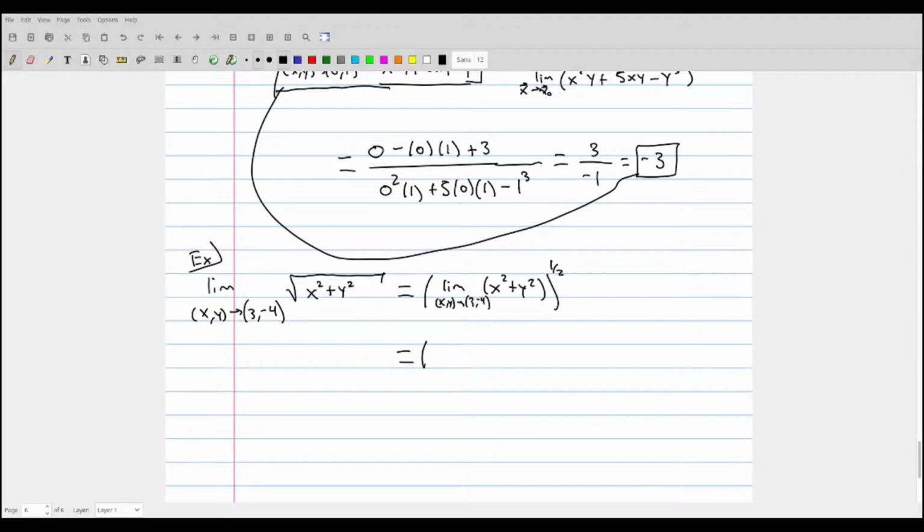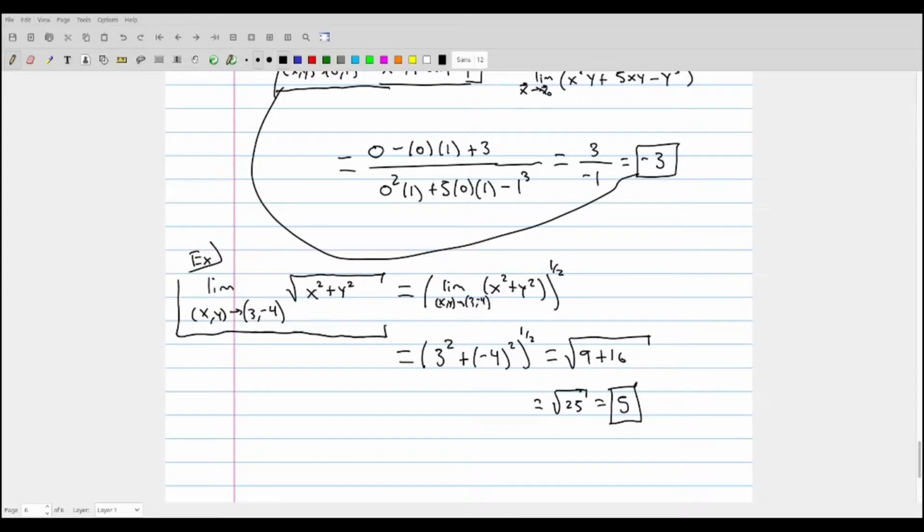And what happens is this is exactly the same thing as 3 squared plus -4 squared to the 1/2, or the square root of 9 plus 16, which is the square root of 25, or 5. So these are two relatively straightforward examples of applying these limit laws.